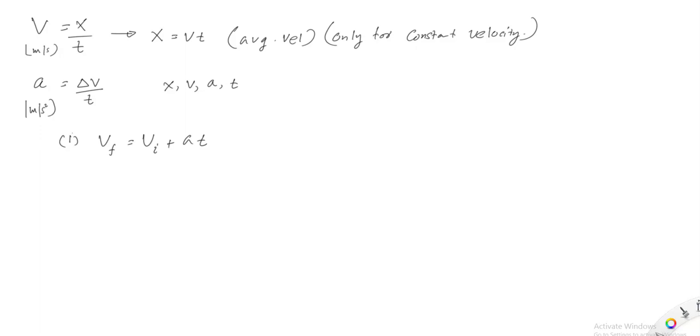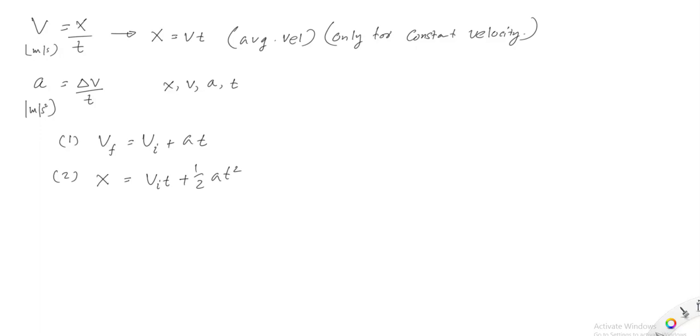Okay, equation number 2. Distance equals velocity initial times time plus half times acceleration t squared.